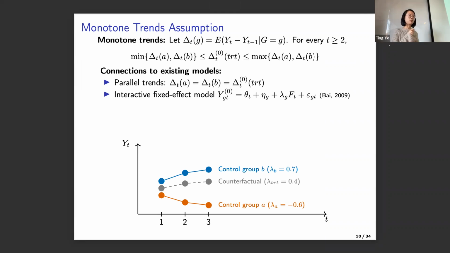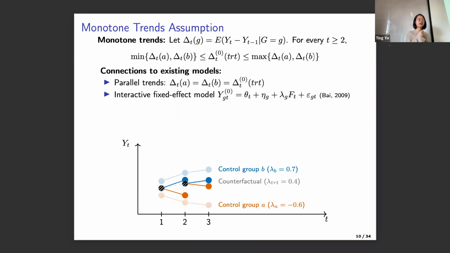And the second and most important model that we can connect to is the interactive fixed effect model that's commonly used, which includes a time effect theta t and the group effect eta g, and also a group-specific term lambda g interacting with a latent time-varying factor f t. So in this case, if we have two control groups, lambda A and lambda B, and lambda treated, if they are ordered, then we know that they satisfy this monotone trends assumption.